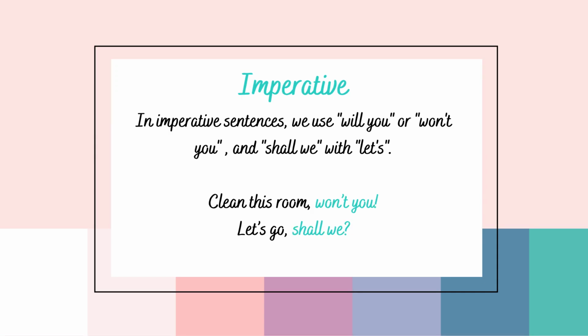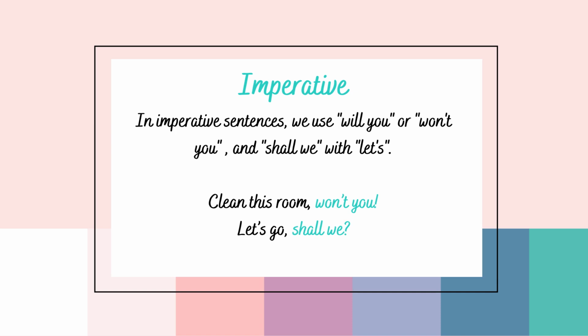In imperative sentences, we use will you or won't you, and shall we with let's. Imperative is when you're telling someone to do something, like sit down, be quiet, don't shout. So, in this case, it would be clean this room, won't you?